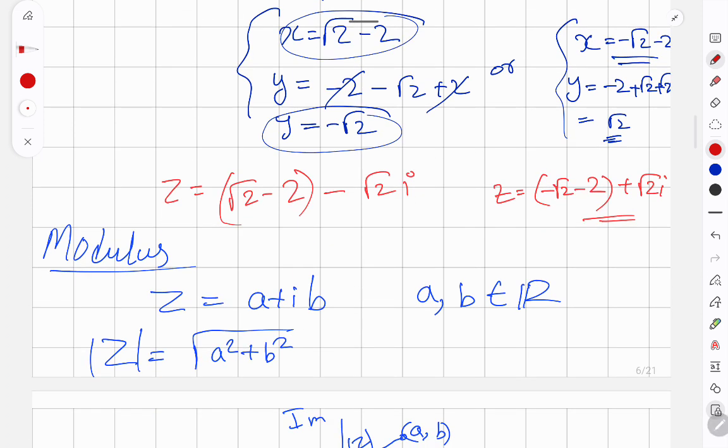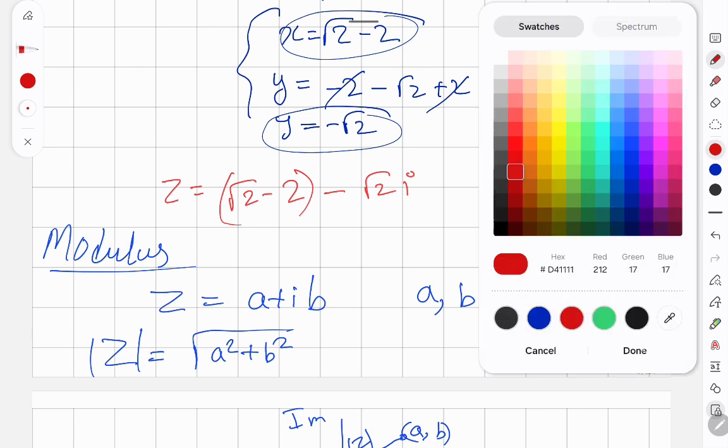So modulus. If the complex number is z = a + ib, where a and b belong to R, the modulus of z is the square root of a squared plus b squared. Note, many people make mistakes here.